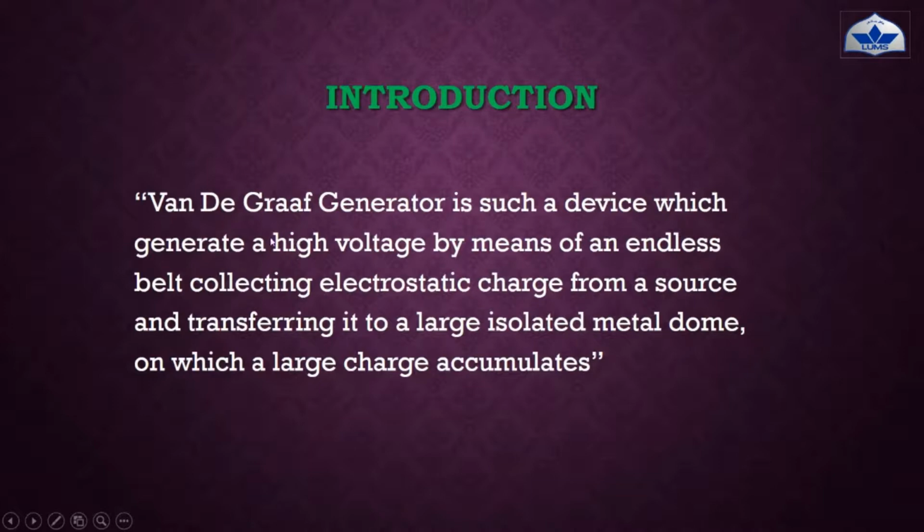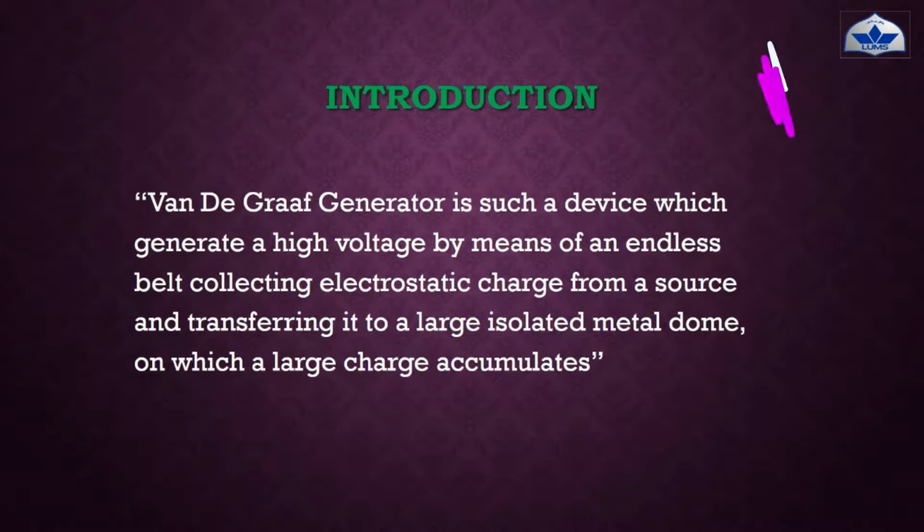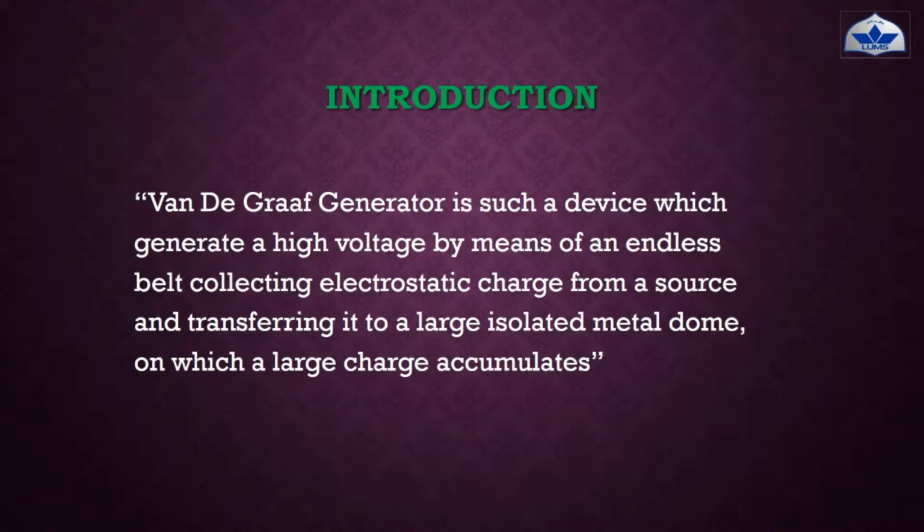After that I use the word electrostatic charges. It means that we electrostatically transfer charges from one part of the Van de Graaff generator to another part. And here I also use the words isolated metal dome shape.